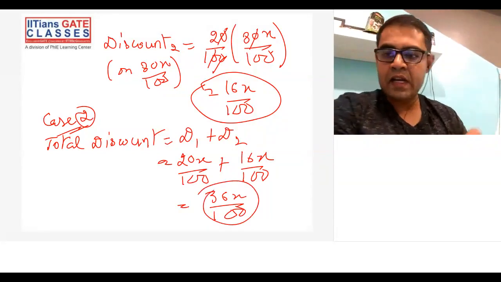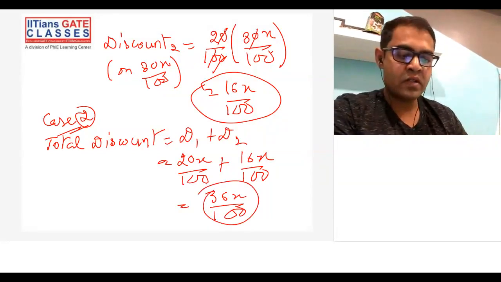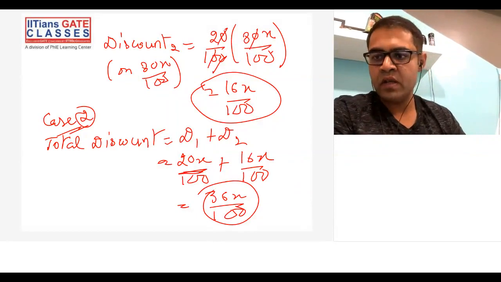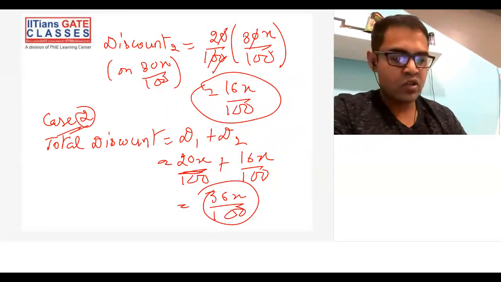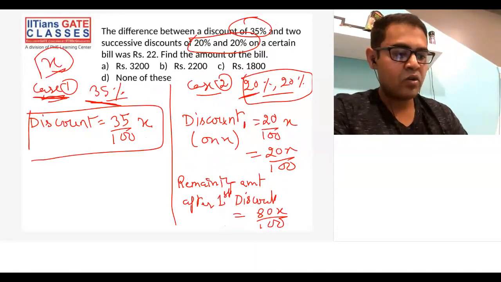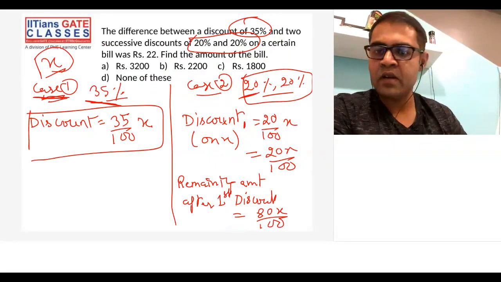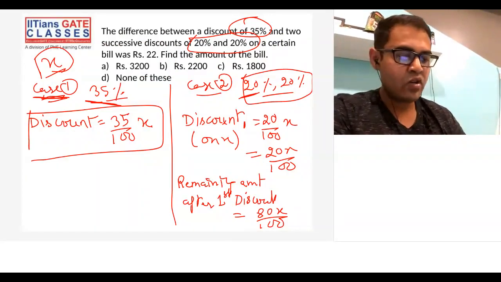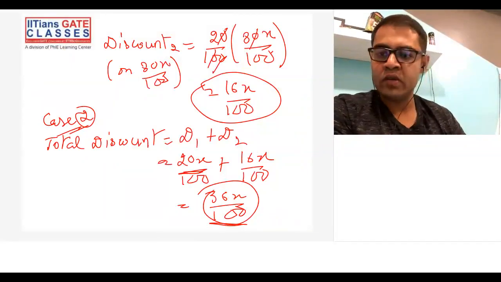I did not convert this into lowest terms because I wanted to keep 100 as the denominator. Now I'll tell you why I did that. Total discount in case 2 is 36x by 100 and total discount in case 1 is 35x by 100. So now I can easily compare which one is bigger. In case 2 we got more discount than case 1.